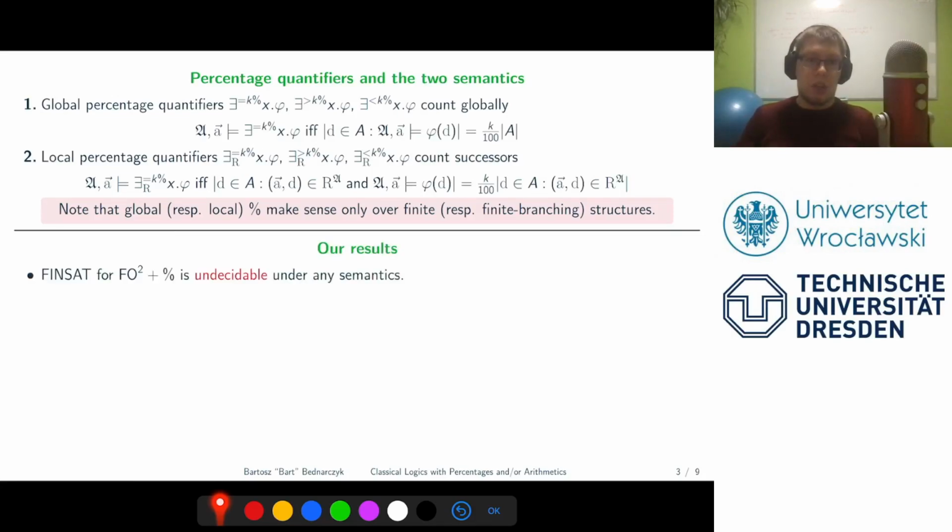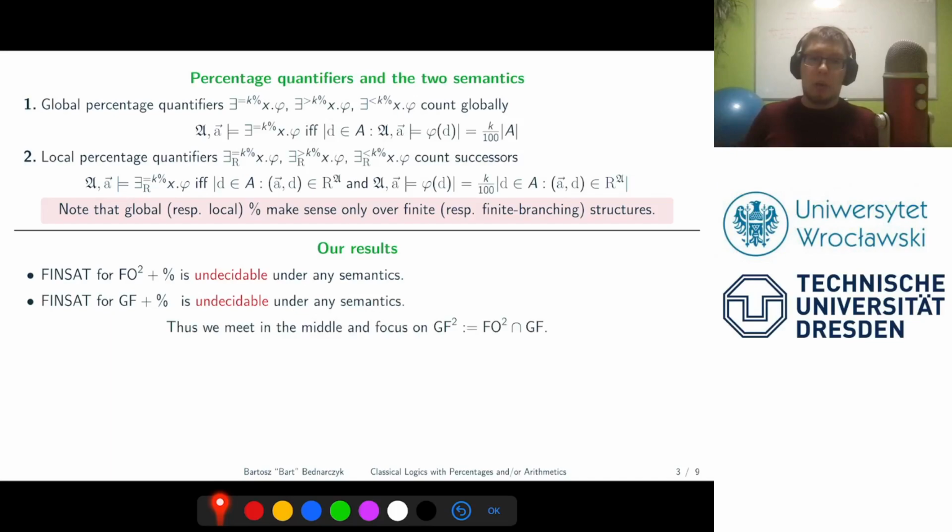First of all, we show that, unfortunately, the finite satisfiability problem for FO2 with percentage quantifiers is undecidable, and it holds over both semantics, global or local. Then the finite satisfiability problem for the guarded fragment is also undecidable under both semantics.